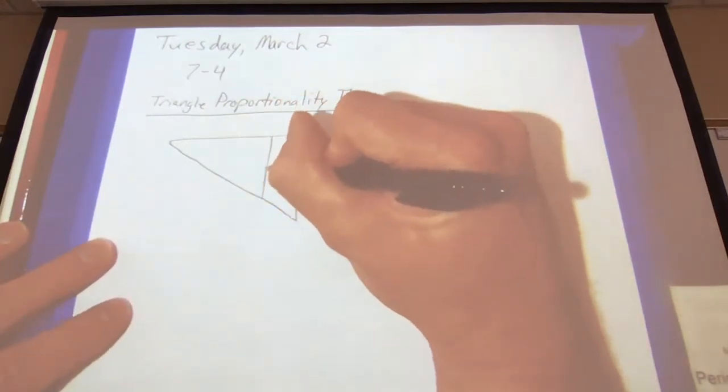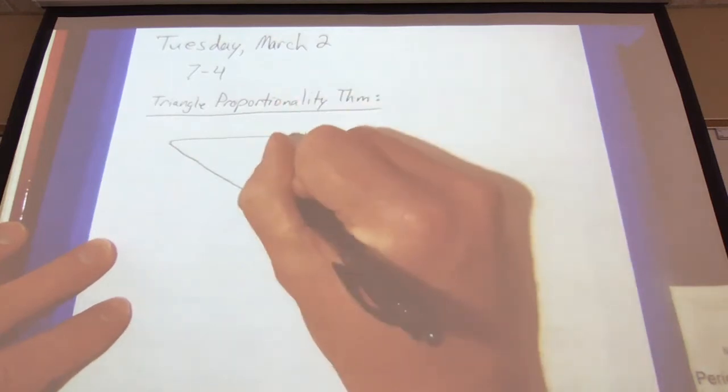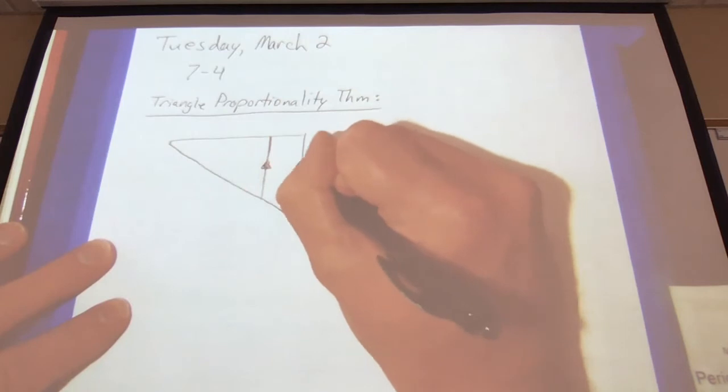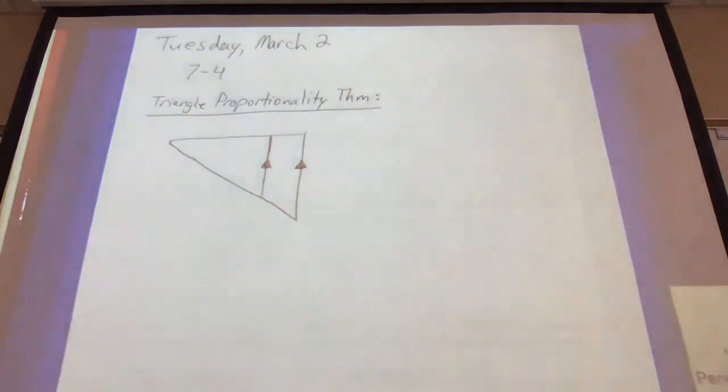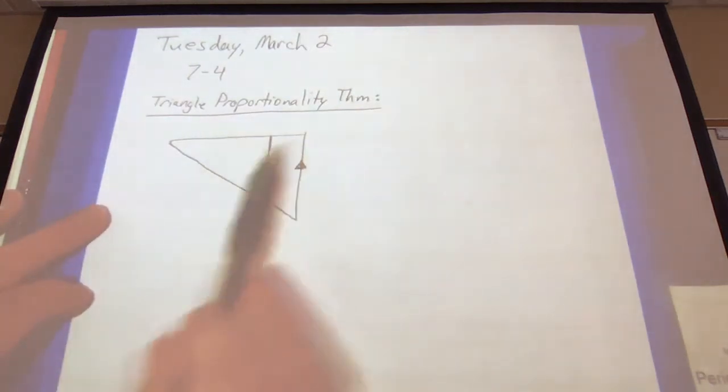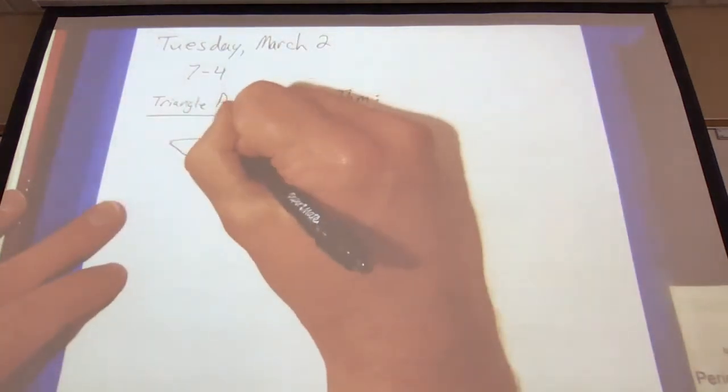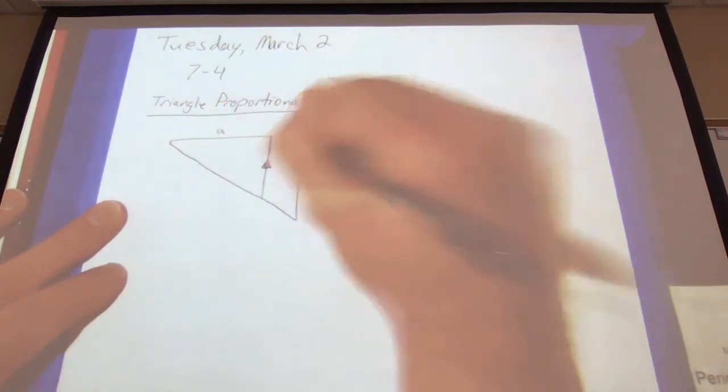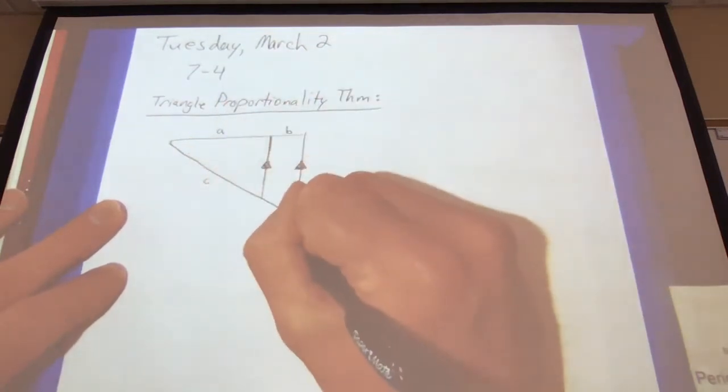We're going to have a side coming through the triangle that's parallel to this right-hand side of the triangle. And what that's going to do is split your triangle up into 4 parts. Just for simplicity's sake, I'm going to call these A, B, C, and D.